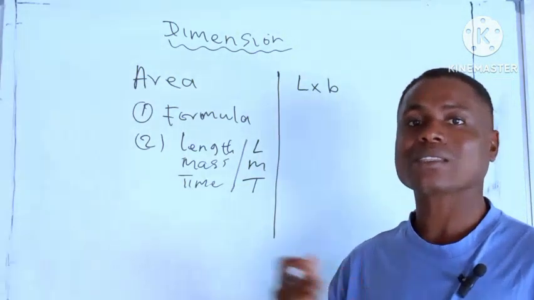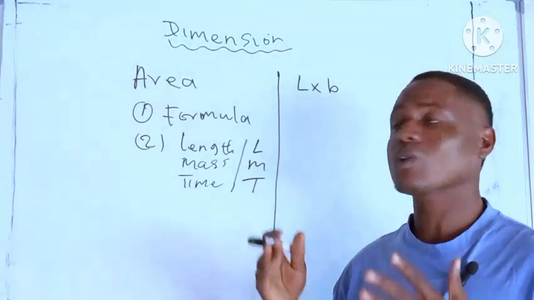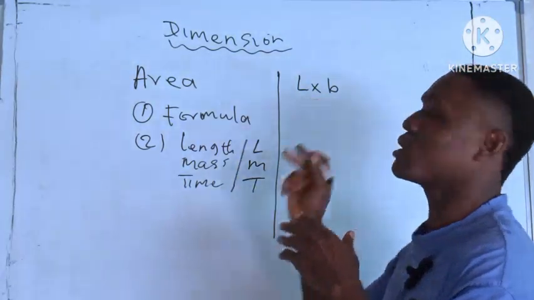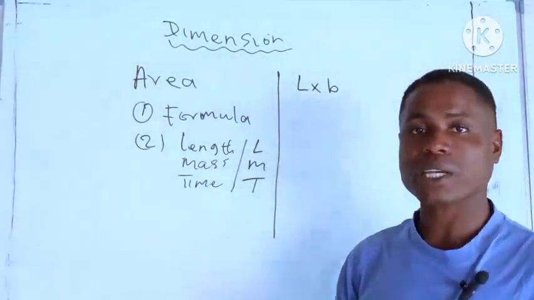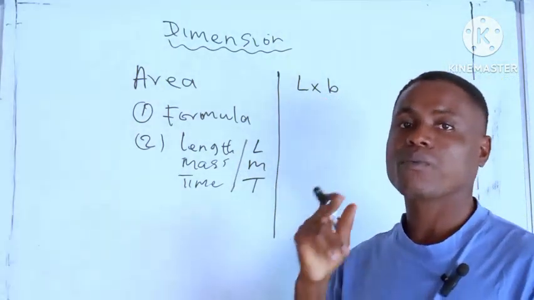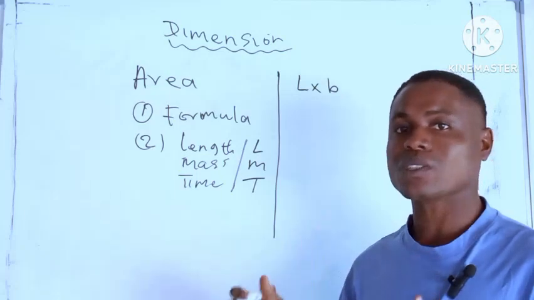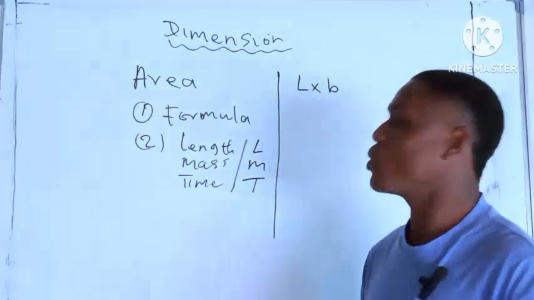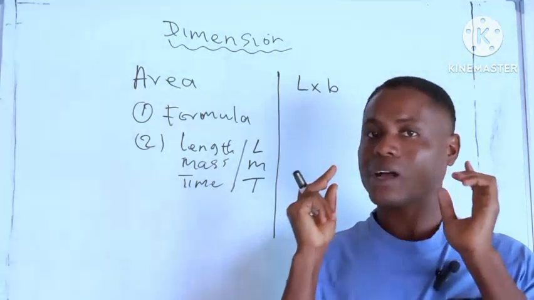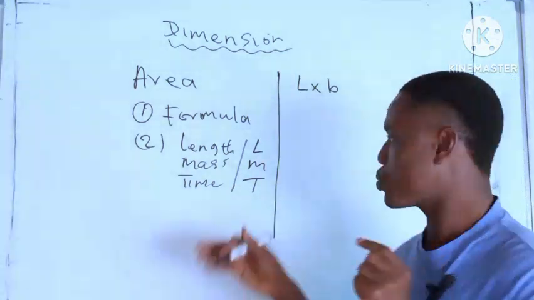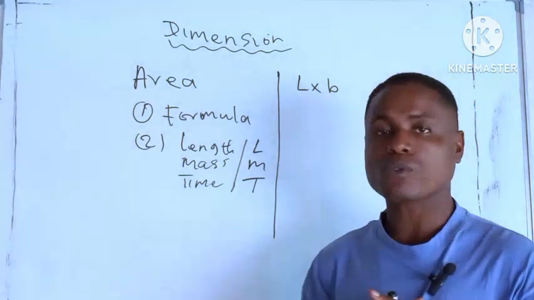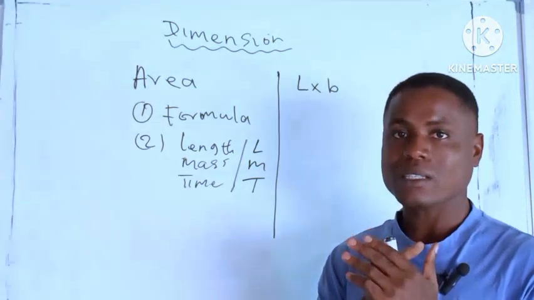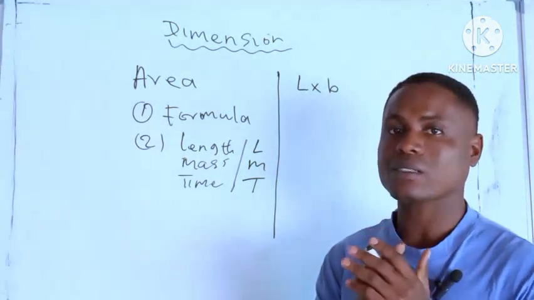Are you getting it? Length and breadth are still the same thing because both quantities are measured in meters. Breadth, height, length are all measured in meters. So you have to understand this aspect of changing to these approved quantities. This is one of the concepts you have to understand.